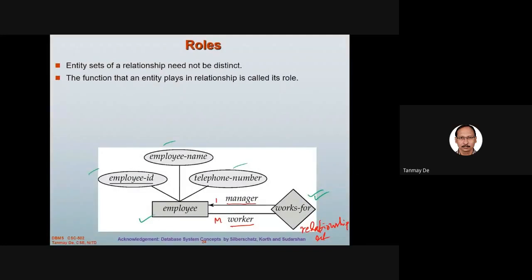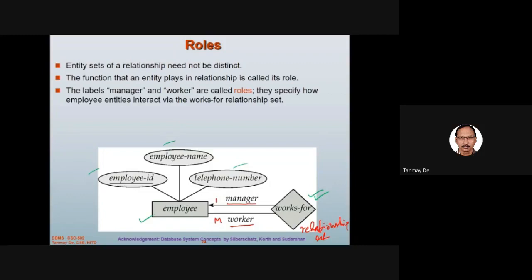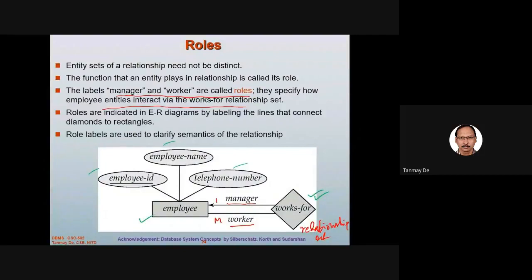Okay, whatever I told, the labels manager and worker are called roles here, and they specify how employee entities interact via the works-for relationship set. Okay, this role is clear. Is it clear or does it need to be explained again?